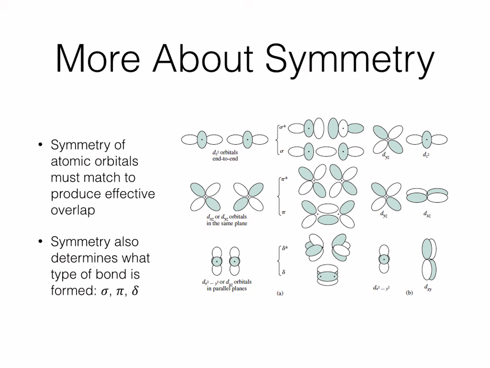In contrast, for a pi bond, there is one nodal plane that contains the bond axis. In the delta bond, there are two nodal planes that contain the bond axis, and those two nodal planes are perpendicular to each other. And within each type of bond, there's also a bonding type and anti-bonding type interaction that is also indicated in this cartoon.